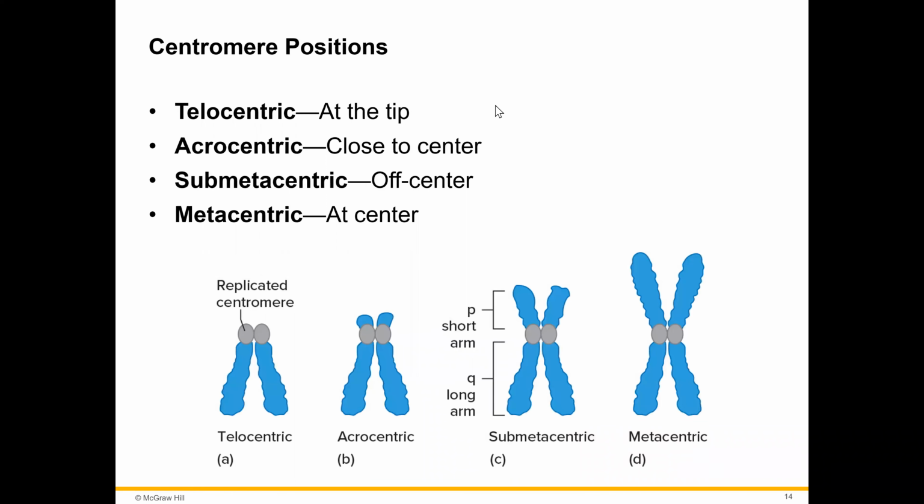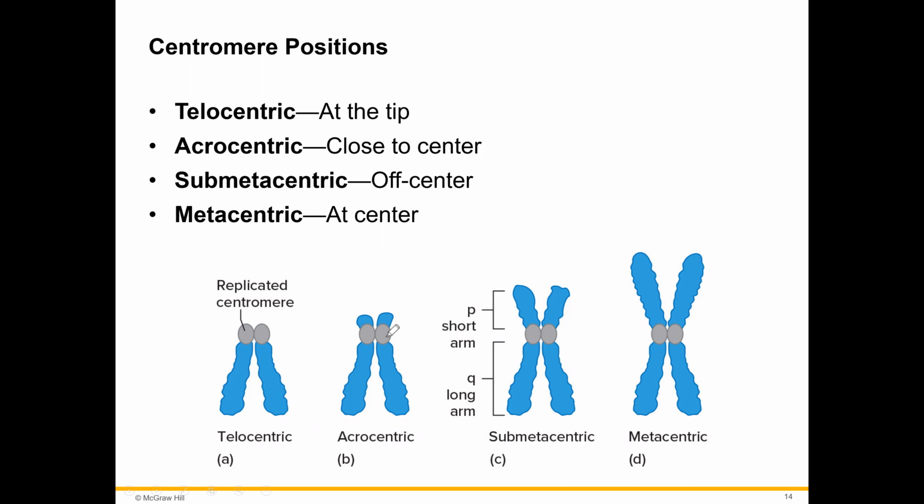Now here we said that we have different types of chromosomes. It can be telocentric, when the centromere is at the tip of the chromosome. So here's telocentric, here's our chromosome, and here's our centromere. Acrocentric, close to the center, right?